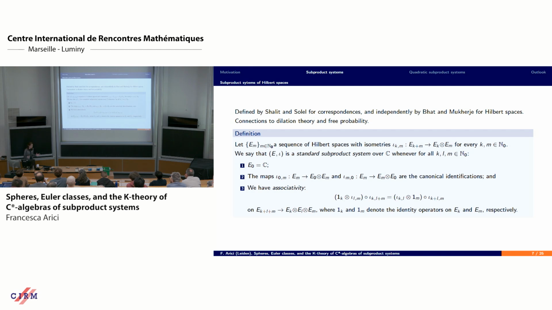Basically, this object consists of a collection of Hilbert spaces labeled over the positive integers, and there are isometries that map E_{k+m} into E_k tensor E_m. That's why they're called subproduct systems. If you know what a product system is, there you have stuff like that, well, over a semigroup.